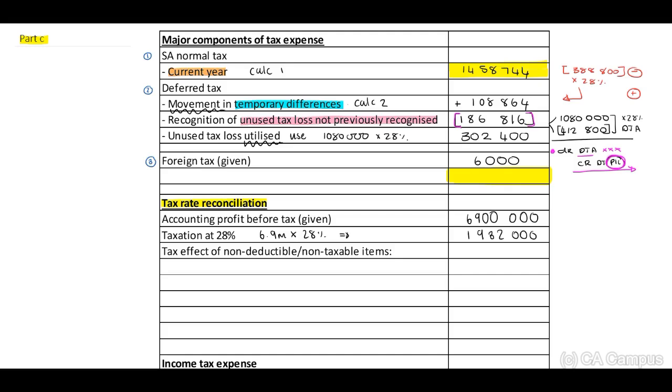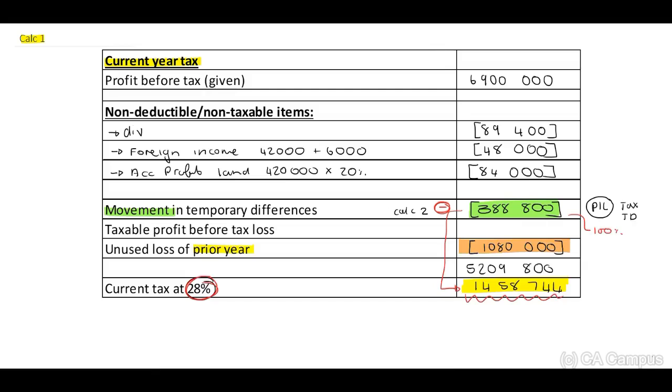Now, guys, again, when you look at this, included in our current tax, we took it out. You see, it's a negative. Let me make use of pink here, guys. Okay, so we took this out because we use this, right? And then at the bottom, we have our 1.4 million, which is 28% of our tax profit.